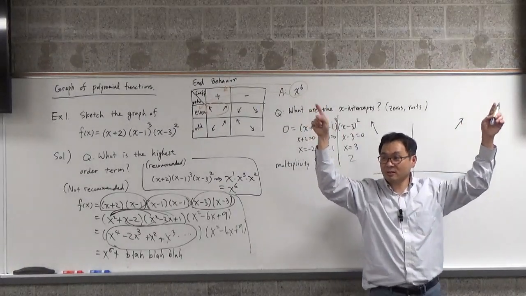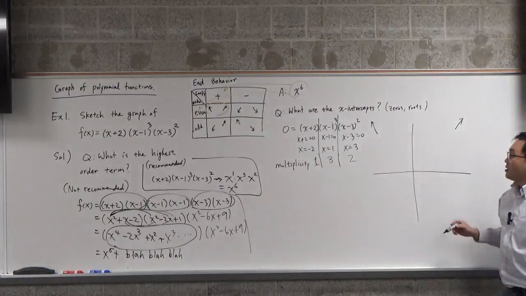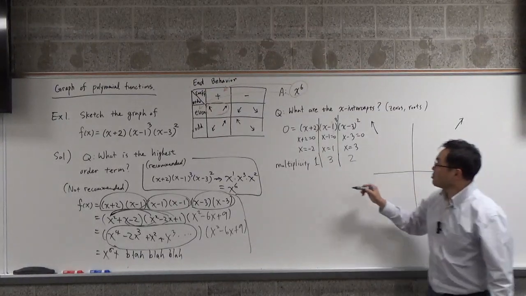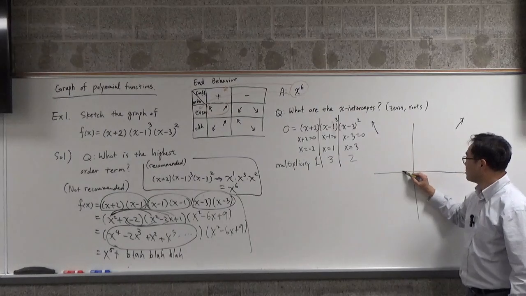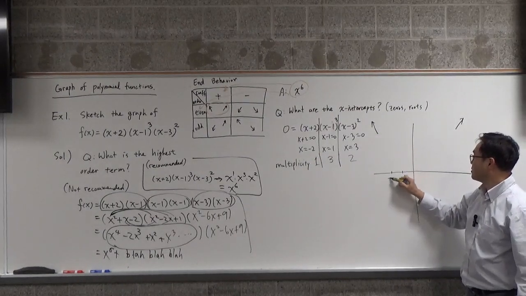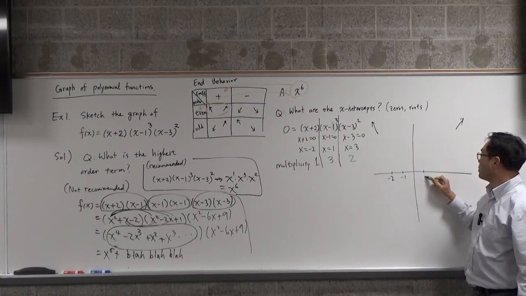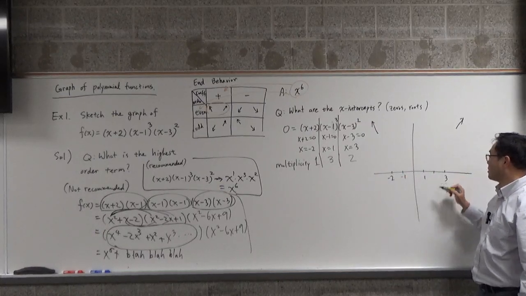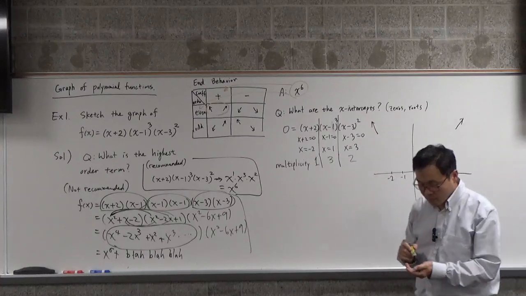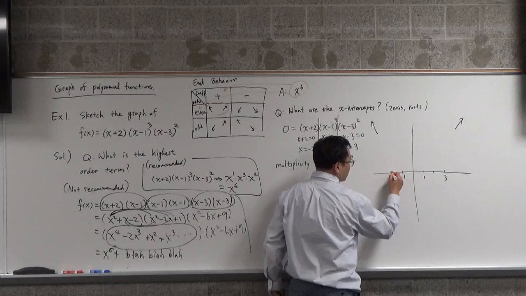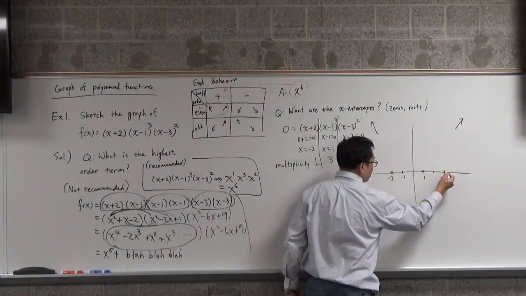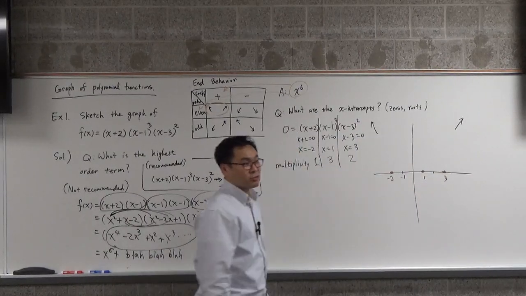So you have -2, and you have 1, and then 3. So you have these 3 points, -2, 1, and 3 as the x-intercepts.